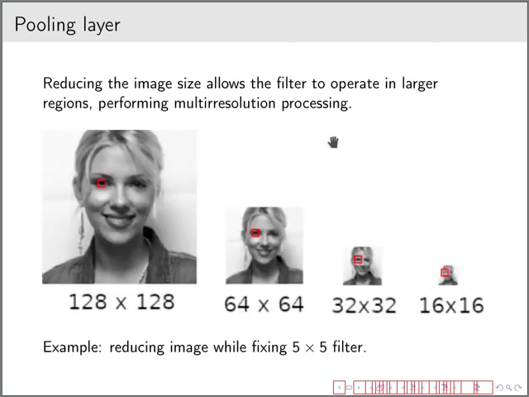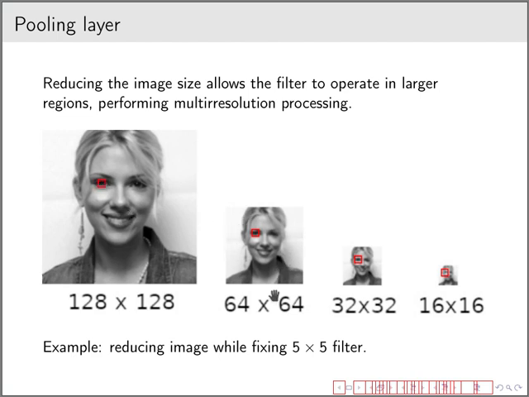The effect of the pooling layer is that by reducing the image size, we allow one filter to operate in a larger region, performing a kind of multi-resolution processing. So if I have a 5 by 5 filter, but I'm processing a large image, let's say an image with 128 by 128 pixels, a 5 by 5 filter will be capable of covering, let's say, an eye of the person here.